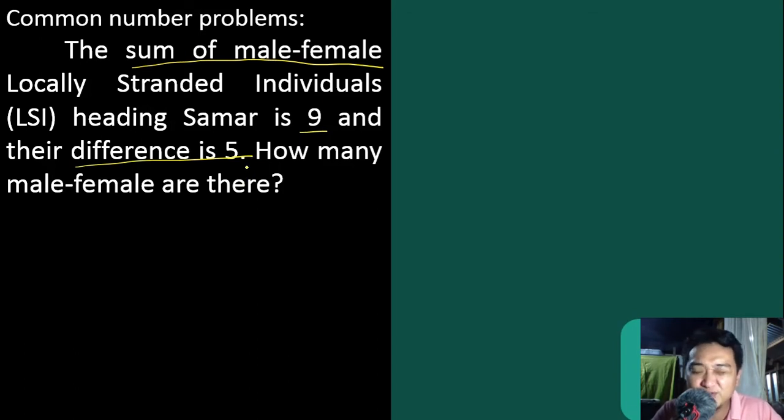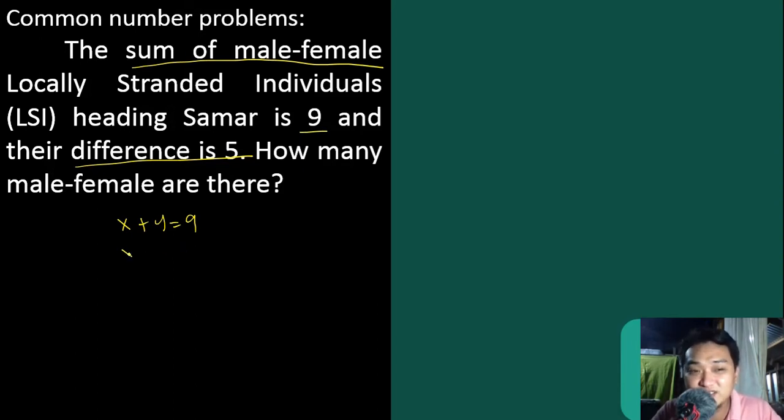So how are we going to express that in linear equation? Napakadali lang po. Ang sabi, yung sum daw, pagka inad mo daw yung male at saka yung female, ang result daw is 9. So x plus y is equivalent to 9. At yung difference daw nila is 5.